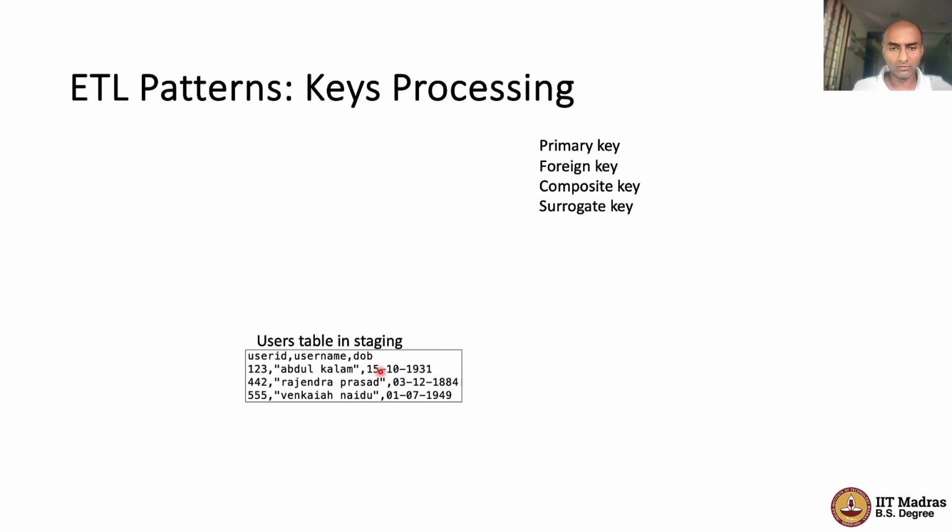And what I've shown you here is an extract from a CSV file, which denotes the data in that particular table. So you've got the user ID being 123442555. These are three user ID examples. For the username, I've just picked hypothetically some of the presidents of India, and their dates of birth. Please don't hold me to accurate data for this specific lecture.